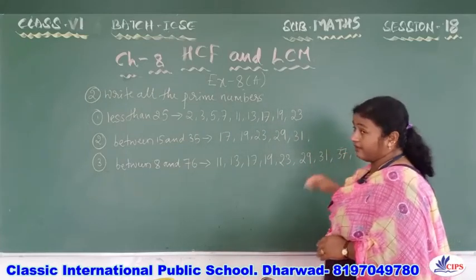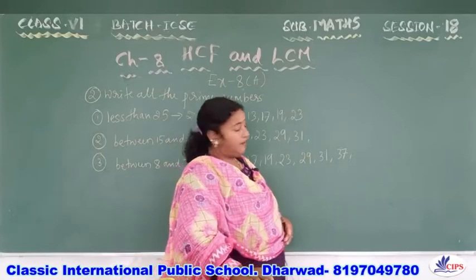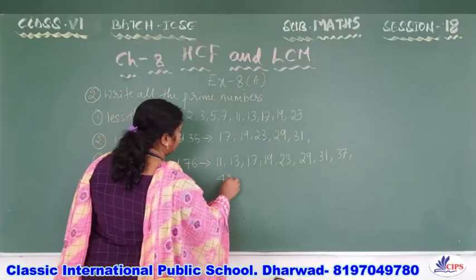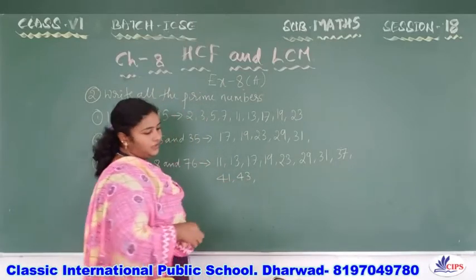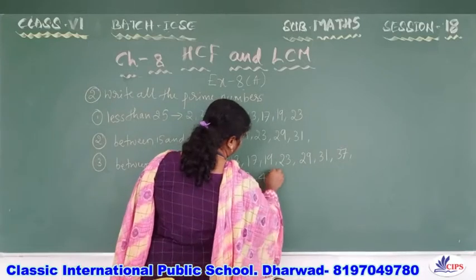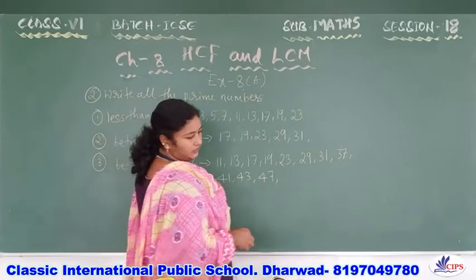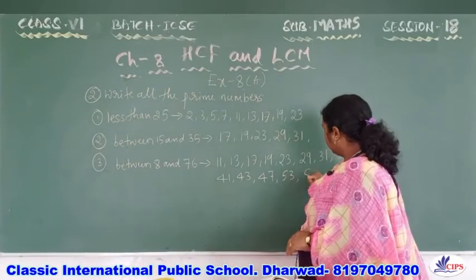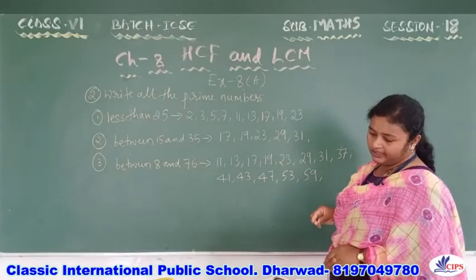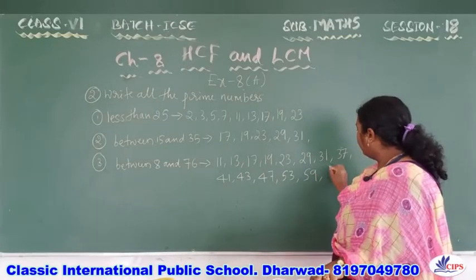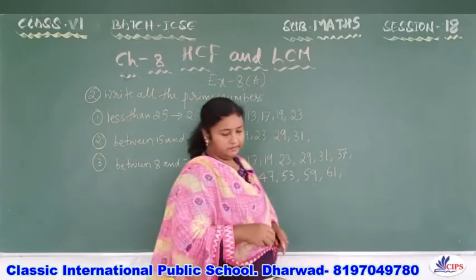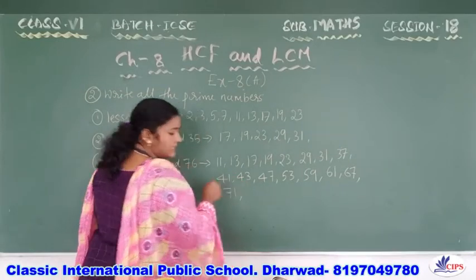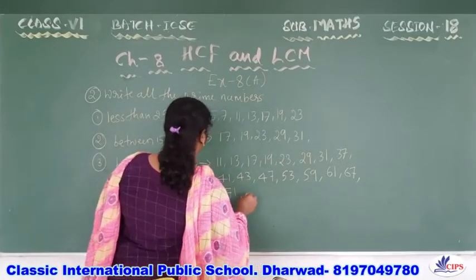Up to 76 we have to write. After 37 this is 41, then 43, 47, then 53, 59, then after 59 it is 61, then 67, then 71, and last it is 73.